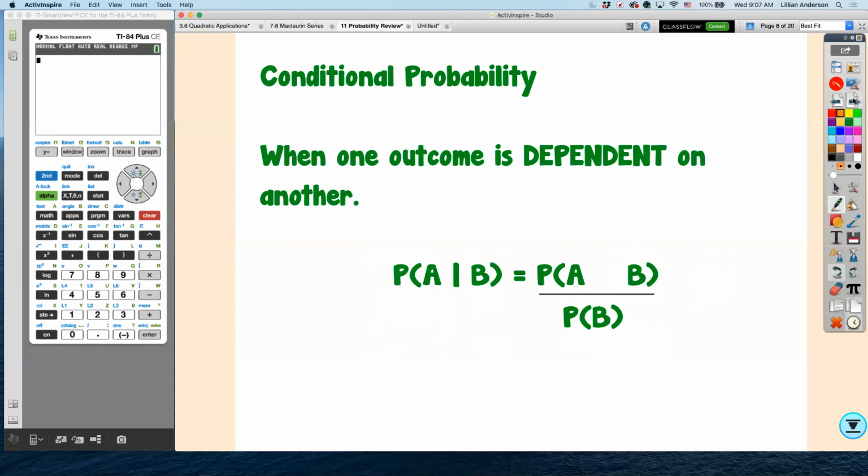Conditional probability is something that we also talked about. If you are doing a probability in your IA, you might want to consider thinking about conditional probability. That's when one outcome is dependent on the other, such as if I am trying to find the probability of selecting a student from this class that has a birthday in April, I'm not taking into consideration the rest of the high school.